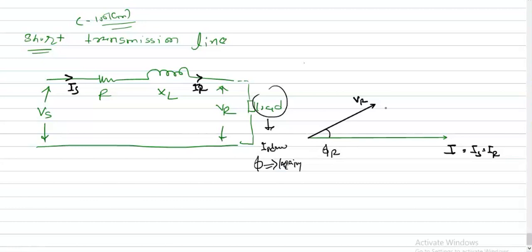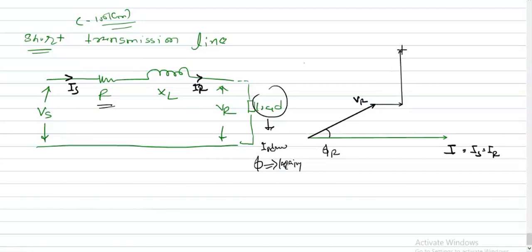Now I will draw another vector which indicates the drop in this transmission line. This resistive drop is in phase with the current; you already know the resistive drop is always in phase with the current. So I will draw another line. This is the resistive drop. And the inductive drop is at 90 degrees.